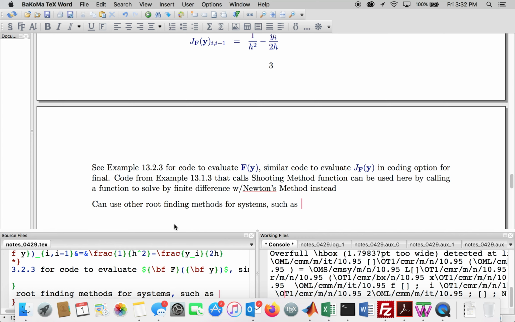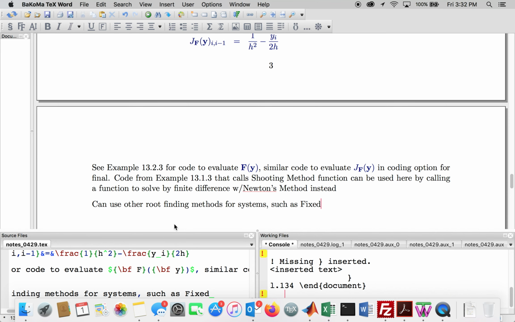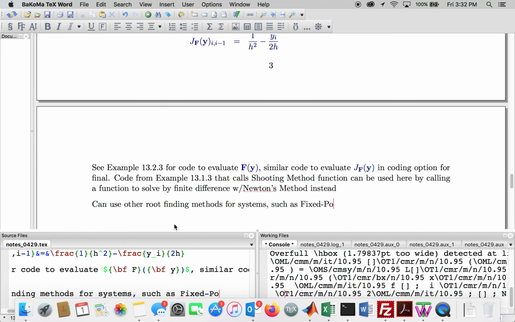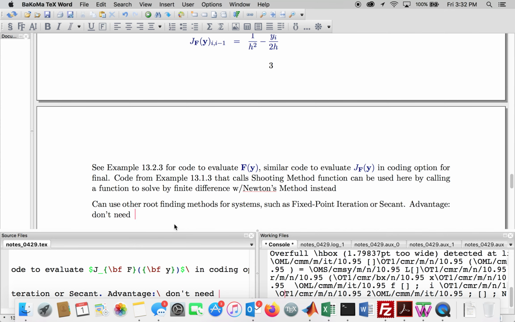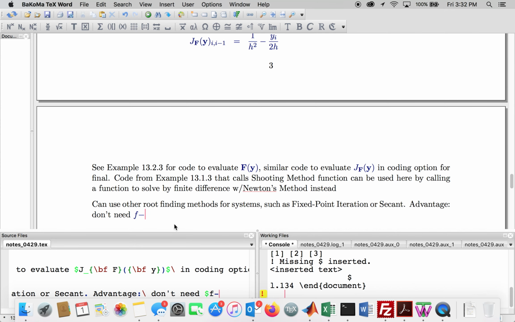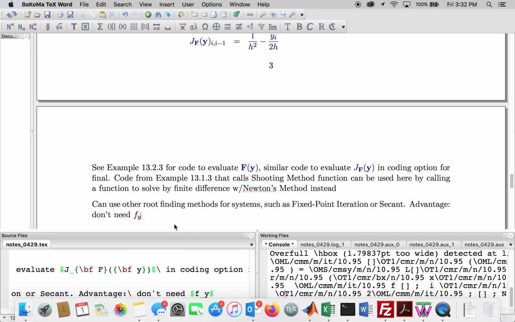So like fixed point iteration or secant method, an advantage of doing so is that you don't need to work with partial derivatives of f, like Newton's method does.